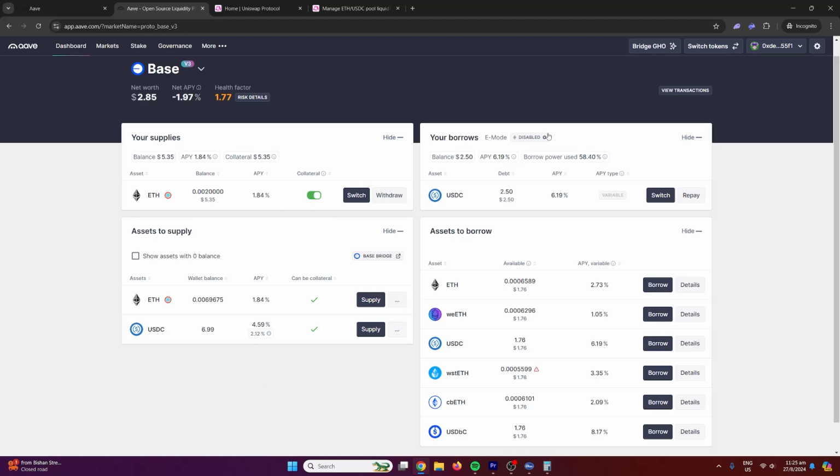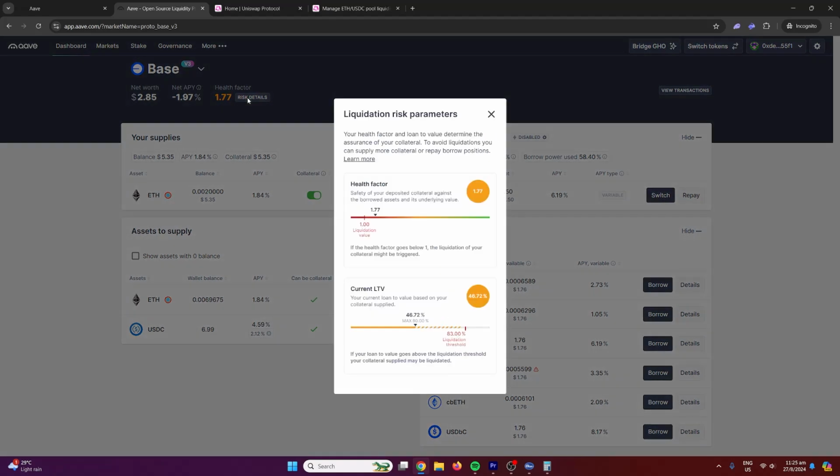Okay, so this was one of the risks that we discussed. If you click on the risk details here, you can see your current LTV. My LTV is currently at 46.72, and the liquidation threshold is at 83% for this particular asset, right?